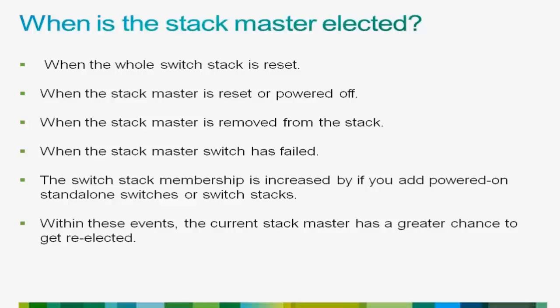And if the existing master goes down, then it's going to do the master election to identify the second capable master. Let's say the master is removed from the stack, again it's the same scenario as the stack master being reset, and it's going to undergo the election process again. Even in the failure of the master, it's going to be the same case.